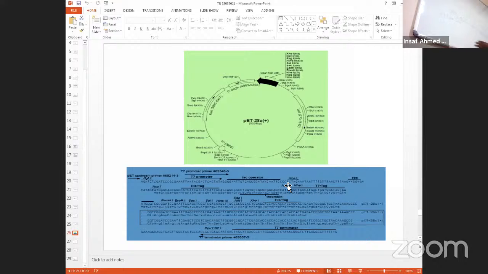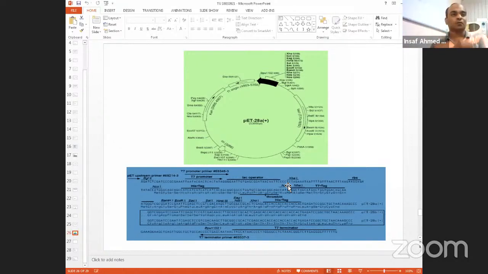In a similar way, in the reverse primer you have to add bases after the restriction site. So these are the two things you have to take care of when designing a primer.